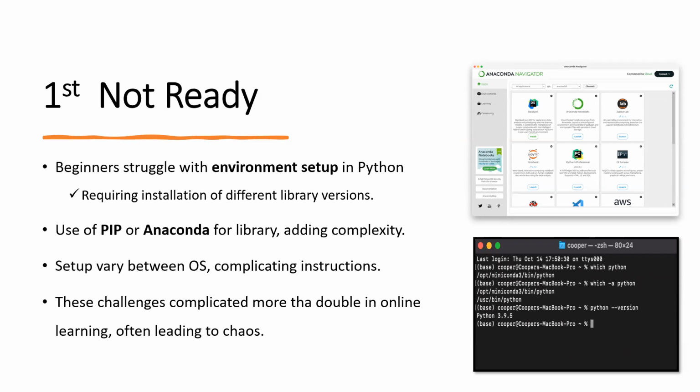The problem is you have to use pip and Anaconda for libraries, and it causes more complexity. The way you set up and use Python can also vary by what operating system you have, which doubles the complexity of instructing students how to set up Python.